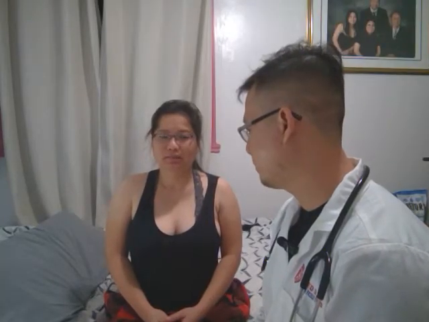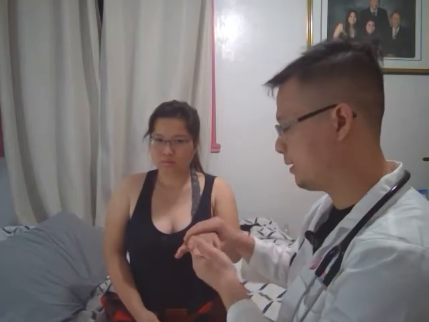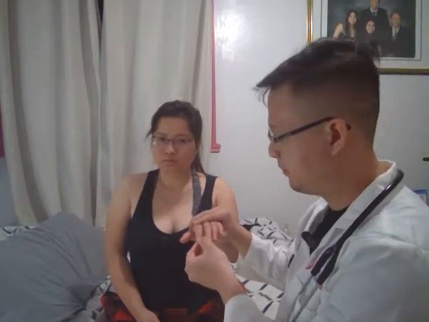When she sits up, we can access the upper extremity arteries. Right now we look at the hand and check the cap refill. Cap refill less than 3 seconds is a normal finding.